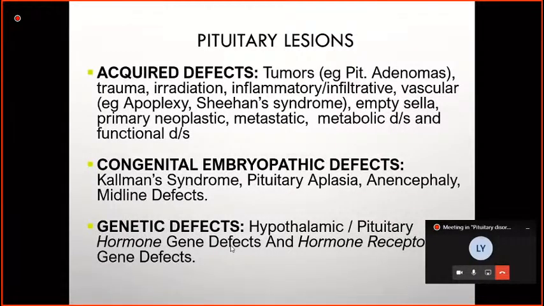It is more or less an emergency situation. It can be due to bleeding in a tumor, or it can be due to bleeding disorders. In a patient with bleeding disorders, you can have a sudden bleed in the pituitary.